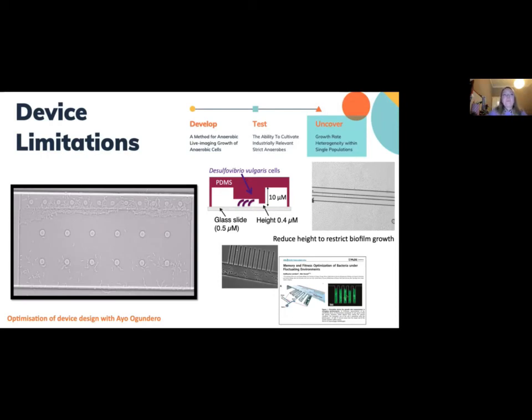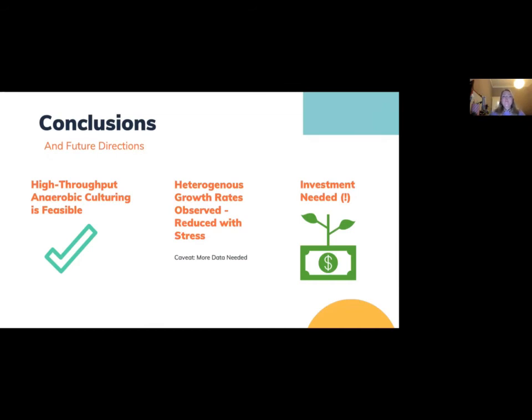And I guess with that, to conclude, we've developed an anaerobic incubation and microscopy monitoring platform for non-destructive growth analysis of anaerobic cells. It's still a work in progress, but my real take-home message is that we need to culture more, and we need to culture better in terms of anaerobic culturing, and really embrace the possibilities of what we can do.